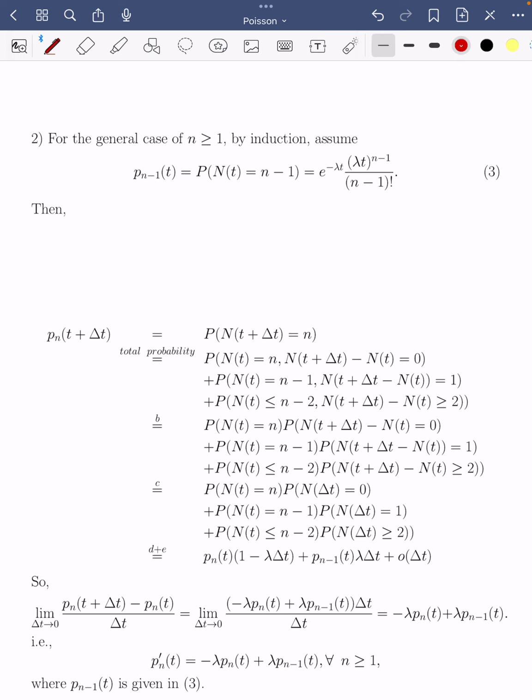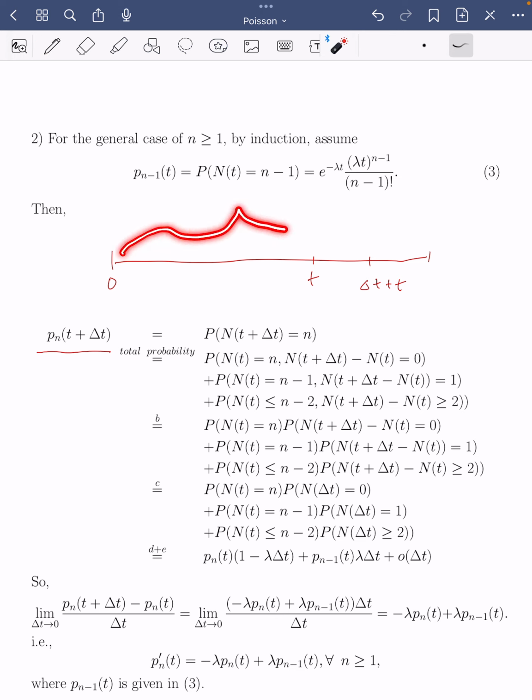Okay, so now we can draw the picture again. So this is 0, and this is t, and this is t plus delta t. So we consider the probability P_n(t plus delta t). So this means that in this time interval there are n arrivals.